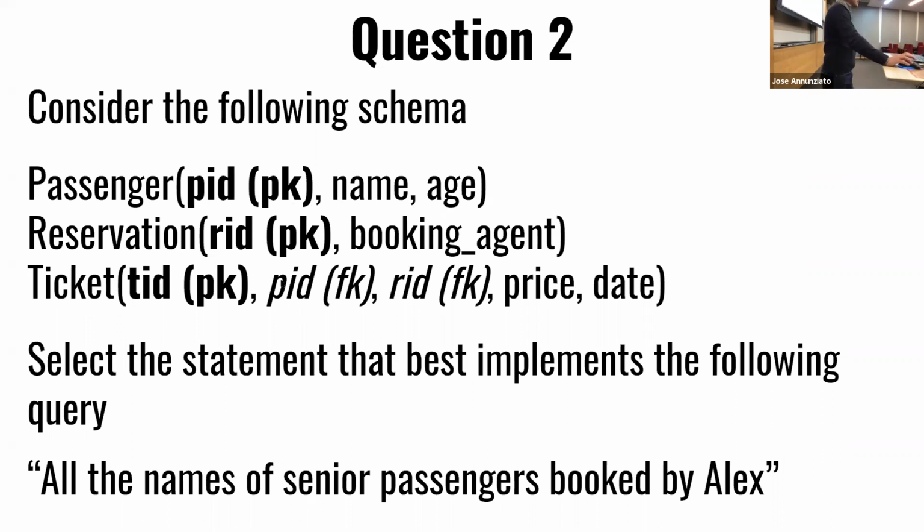Notice that there's no relationship between the passenger and the reservation. There's no way for me to get from the passenger to the reservation. The only way to get from one to the other is through the ticket. See that? The ticket has both foreign keys, one for the passenger and one for the reservation. Since some of the information lives in the passenger and some in the reservation, I have to use all three.